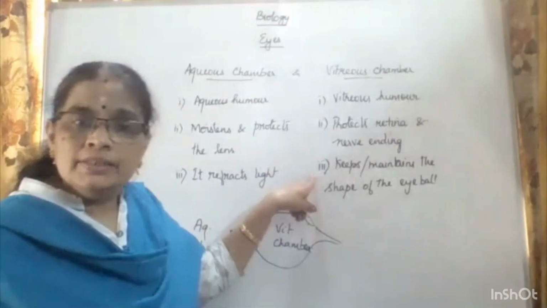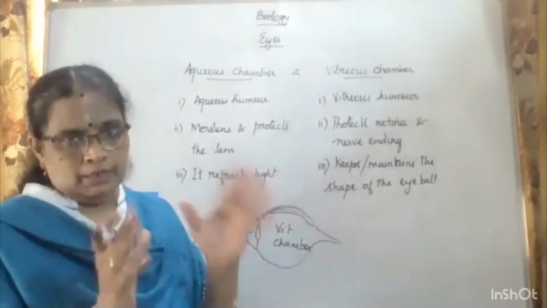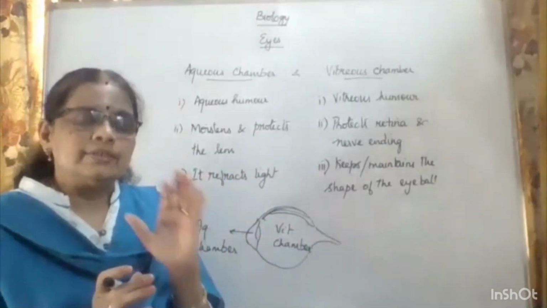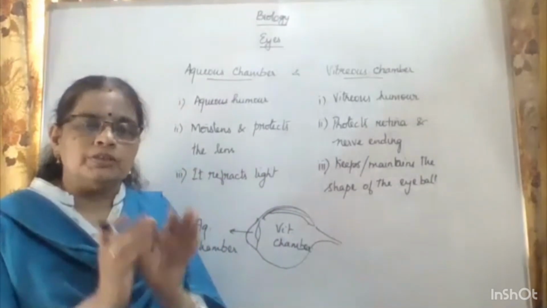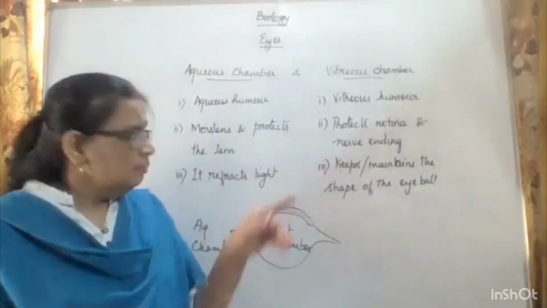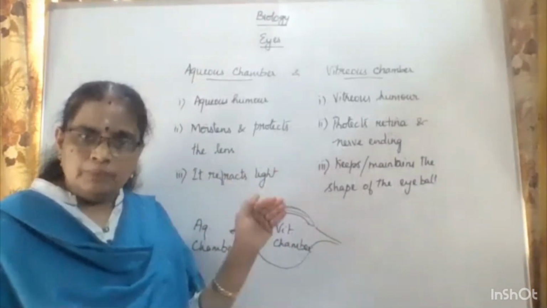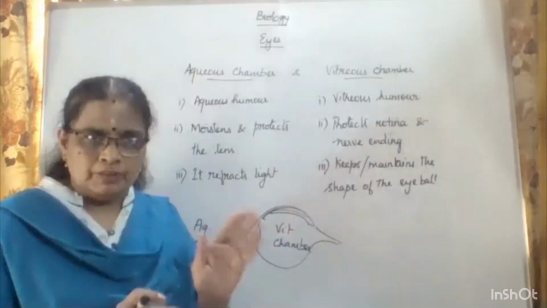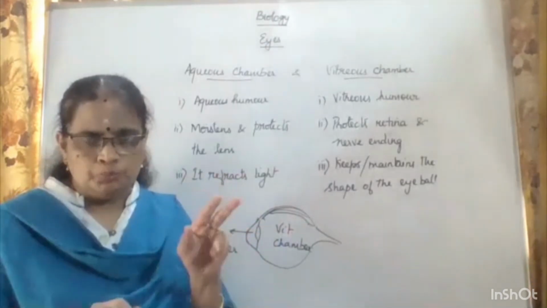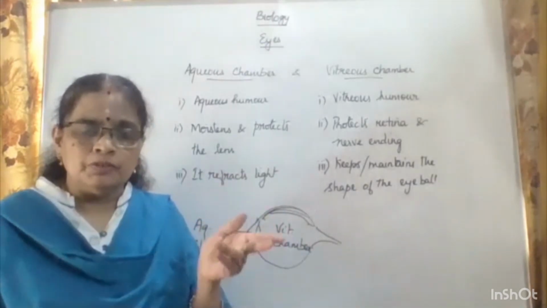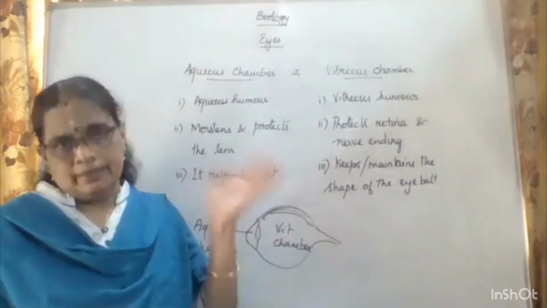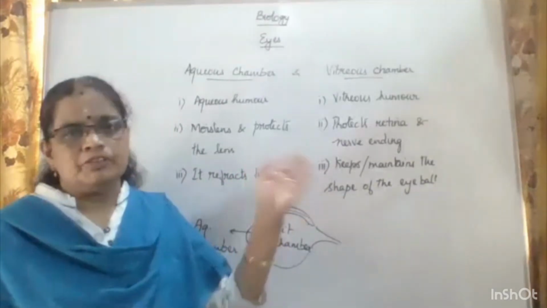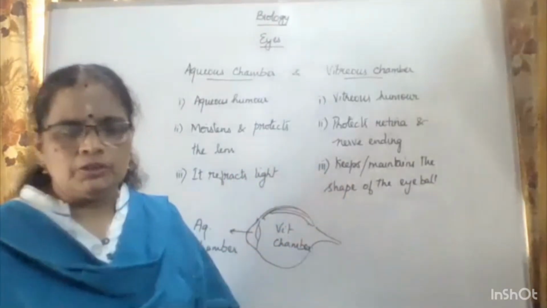It maintains or keeps the shape of the eye. The sclera is a structure which gives shape to the eye, but the vitreous chamber maintains the shape of the eye. So you should understand the difference between the two. Which is responsible for the shape of the eye? It is the sclera, which maintains the vitreous chamber. Right, children?